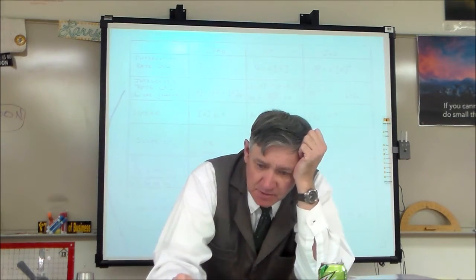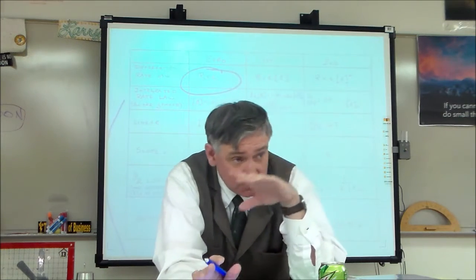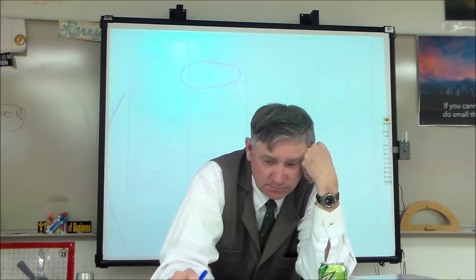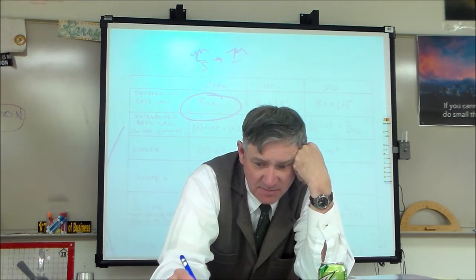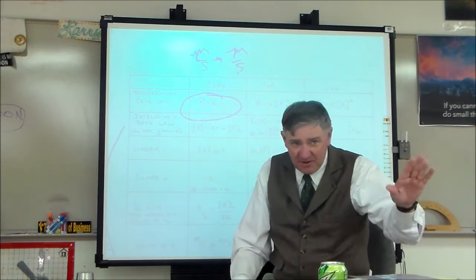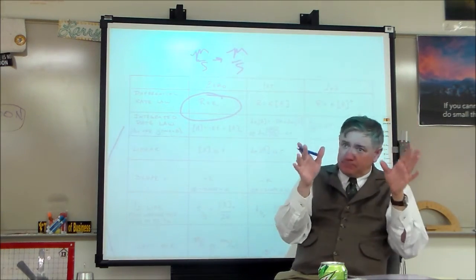If you come up to the rate law itself, just the rate law, oh, rate equals k. Well, that's kind of cool. So that rate has to be in molarity per second. Therefore, k has to be in molarity per second. I don't care how you figure this out, but it's all one big puzzle.